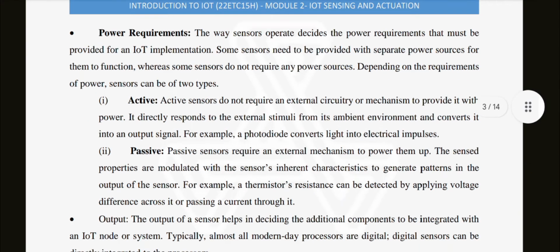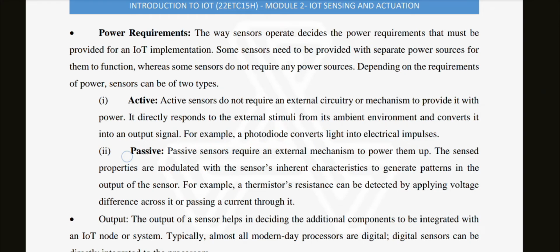Power requirement. The way sensors operate decides the power requirement that must be provided for an IoT implementation. Some sensors need to be provided with separate power sources for them to function, whereas some sensors do not require any power sources. Depending on the requirement of the power, sensors can be of two types.